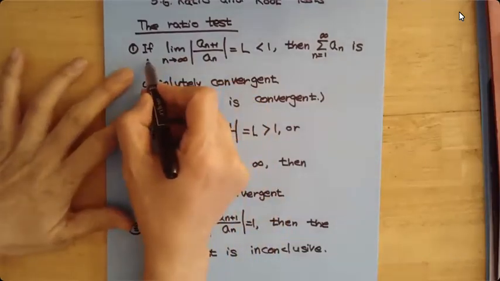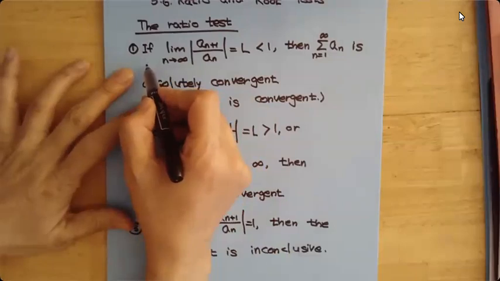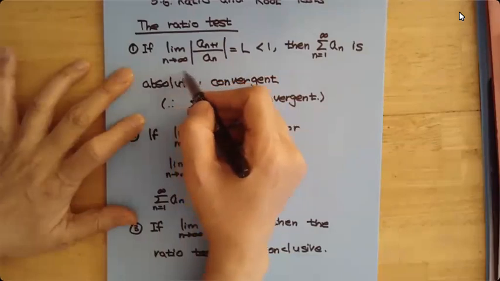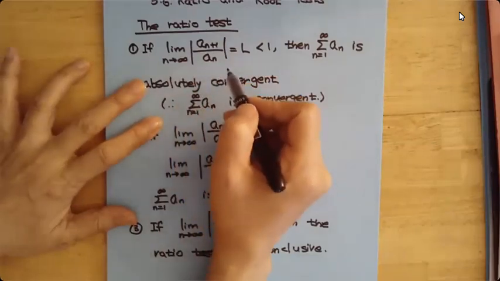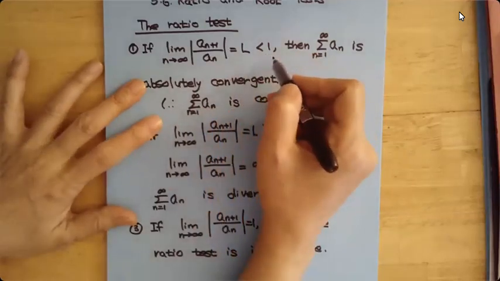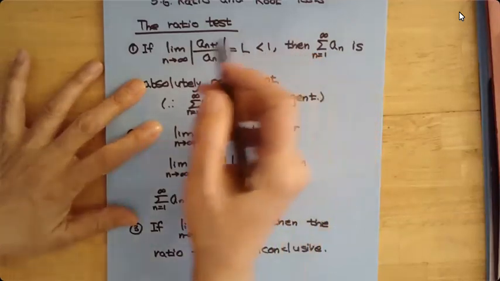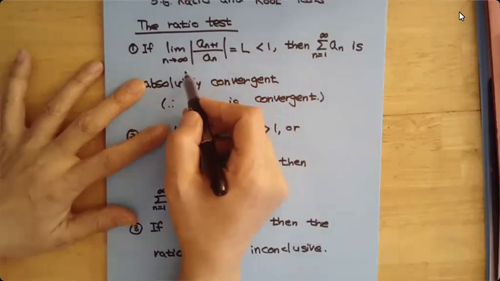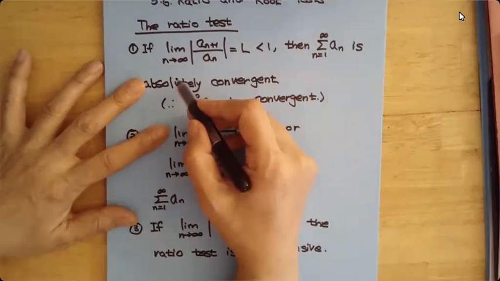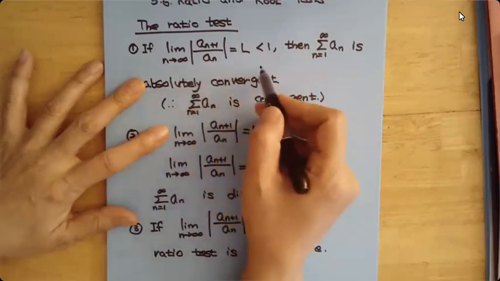The first condition definitely tells us that when we think about the limit of the ratio, and that is less than 1, then that means the sequence decreases, but that is stronger than just the sequence decreasing.